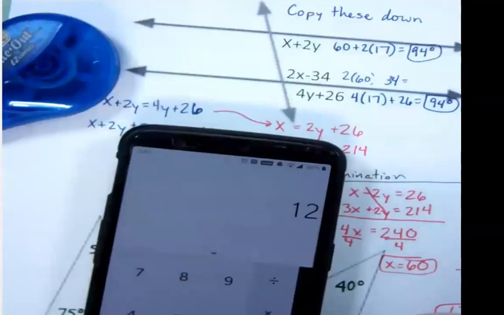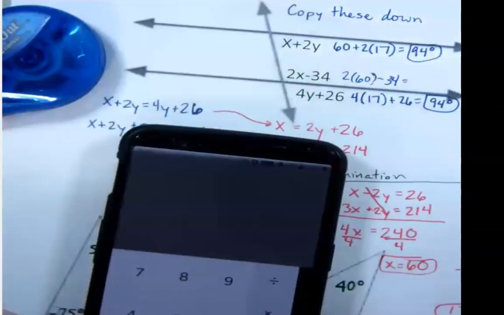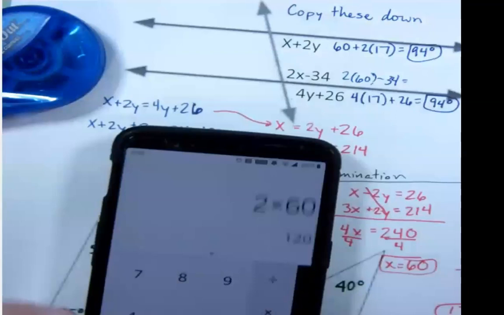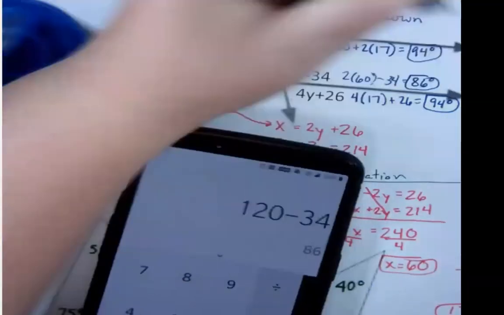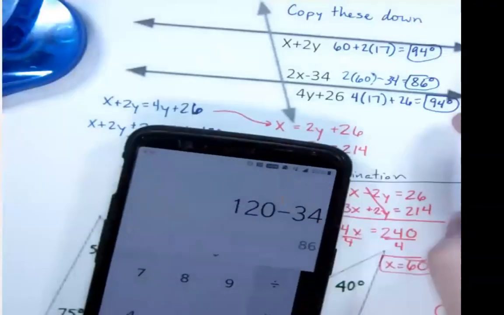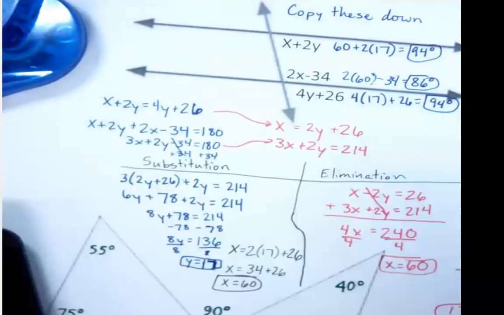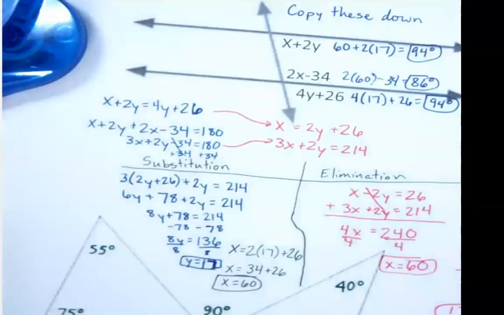So 2 times 60, you get 120, you subtract 34, and you get 86. Fabulous. Now these are supplementary. These are congruent. That works. Is this drawn to scale? No, because these are supposed to be acute and that's obtuse, but that's okay. That's how these work.